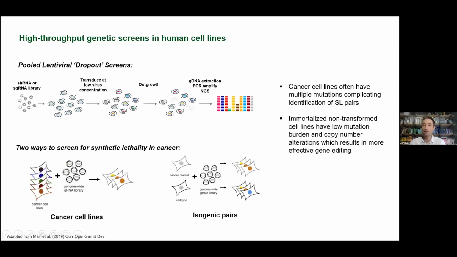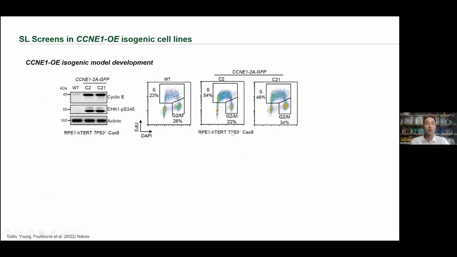These cell lines have a lower mutational burden and relatively diploid ploidy, which results in better gene editing efficiency. It's also easier to track back your genetic interactions, because ideally you're only looking at one mutation that you've introduced into the isogenic pair. So to do this, you first have to create a nice isogenic cell line with your mutation of interest.